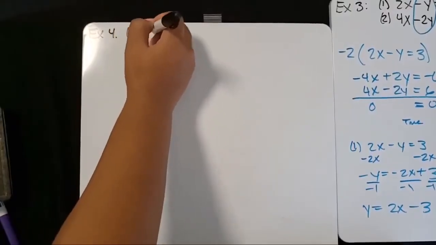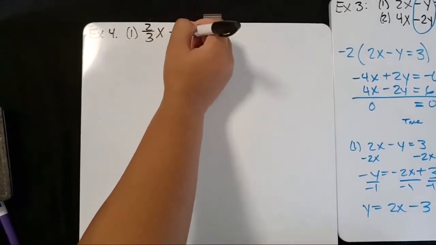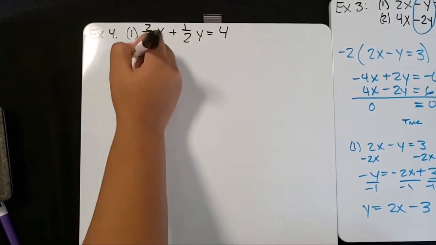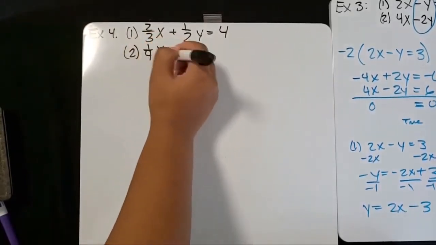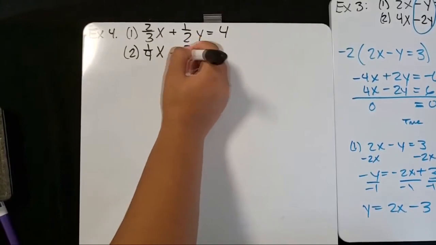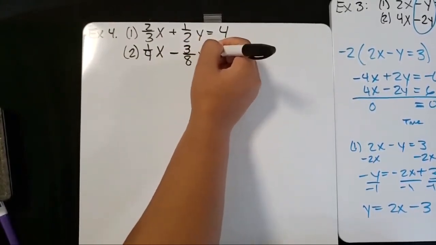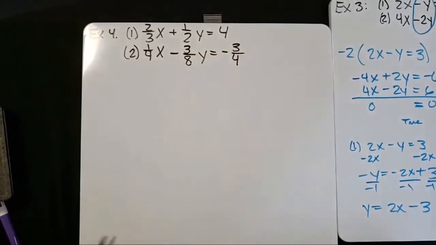First equation is 2 over 3x plus 1 over 2y equals 4. Second equation is 1 over 4x minus 3 over 8y equals negative 3 over 4.